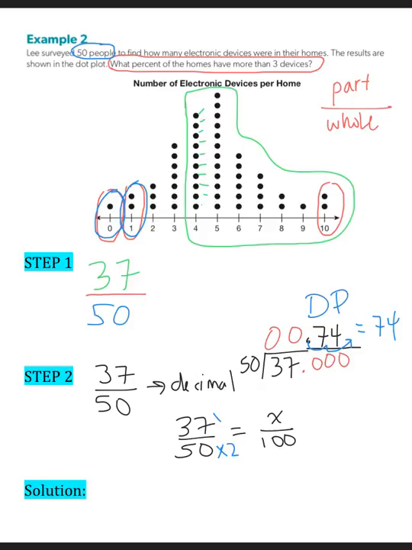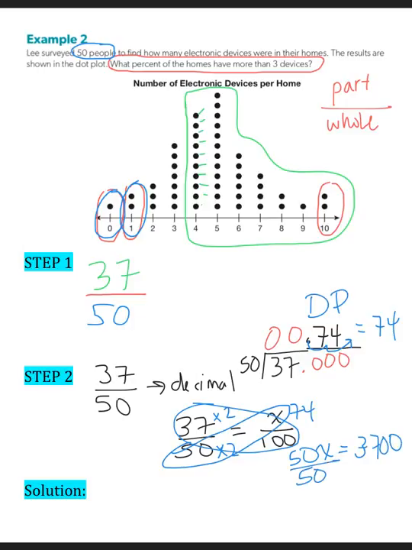So the same thing, we would have to multiply 37 by 2 in order to get 100, which means 37 times 2 is 74. You could have also cross multiplied. 50 times x is 50x equals 37 times 100 equals 3700. And then you could have solved, divided both sides by 50. Again, you would have come up with the same thing, x equals 74. So our solution, or our answer here to the problem, what percent of the homes have more than 3 devices? 74%.